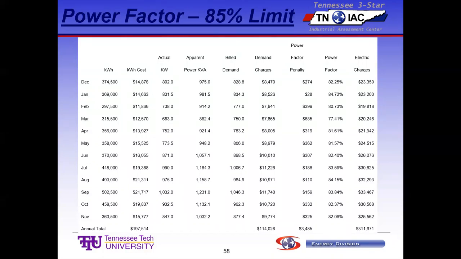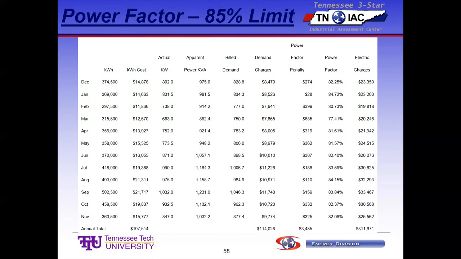We'll look at a rate structure in a second. But they have an algorithm, they calculate a billed demand, and they compare these two. If out of the algorithm it's a bigger number, they bill you for this demand instead of the meter demand. The actual demand is what came out of the meter. The billed demand is what they got charged. The difference is their penalty because their power factor was low.